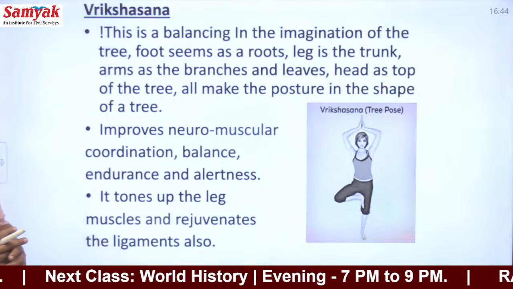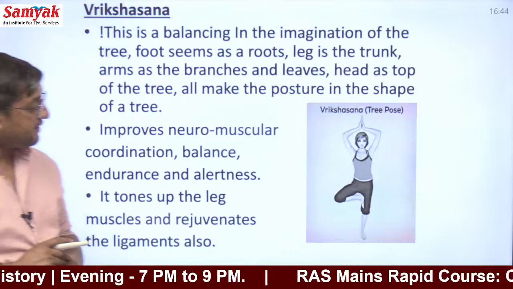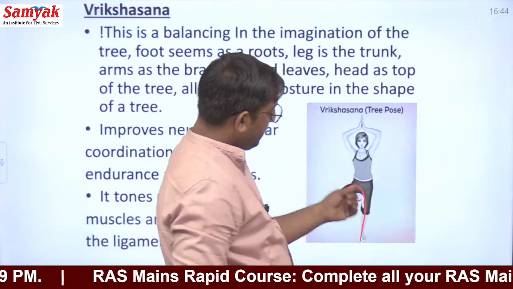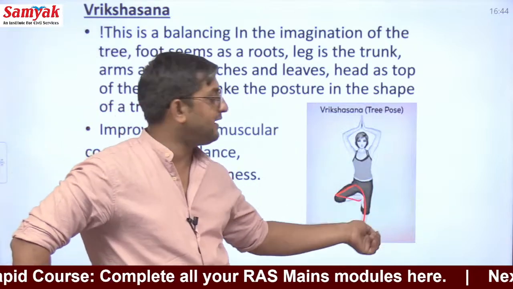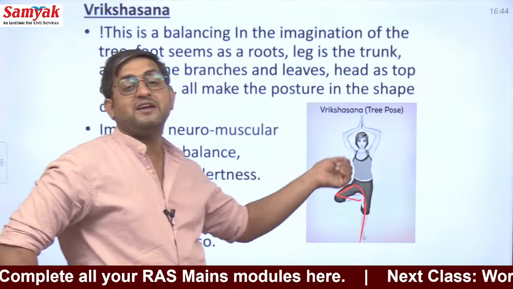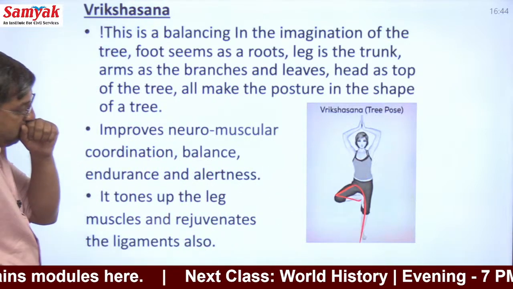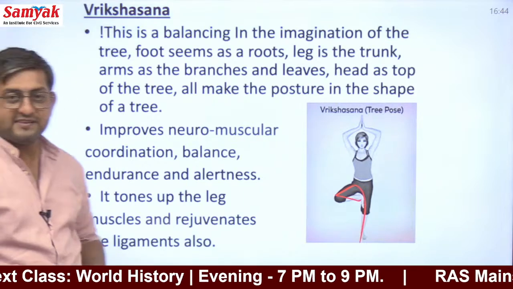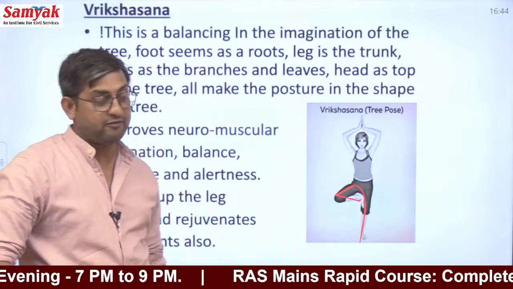We have the Vrikshasana. Vrikshasana is again related to the tree. One leg will be bent and touching the thigh of the other leg. You will be standing on a single leg and your hands will be raised in the Namaskar posture. This is to increase the balance of the body, because you are putting all of your body weight on a single foot.